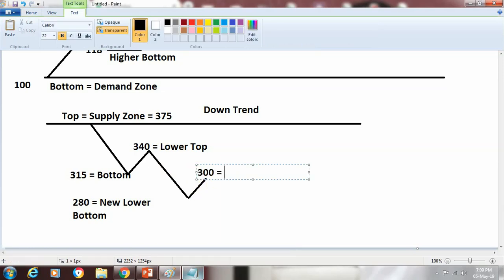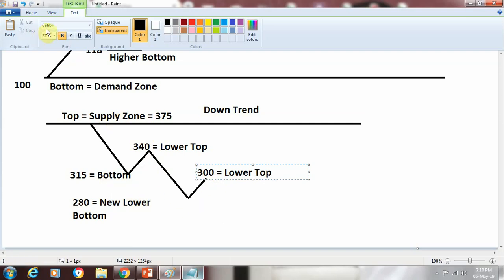So now I get a new lower top than earlier. We see how the price is moving. It is now moving from the highest top, which was 375, then a lower top than that at 340, and now a new lower top at 300. We are also seeing that the bottoms are getting lower and lower.